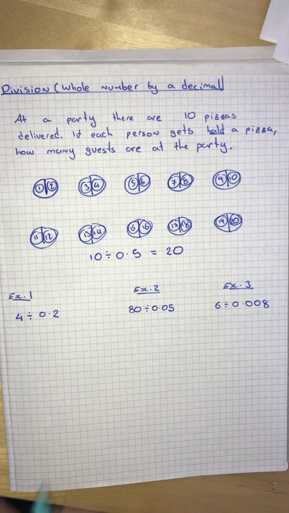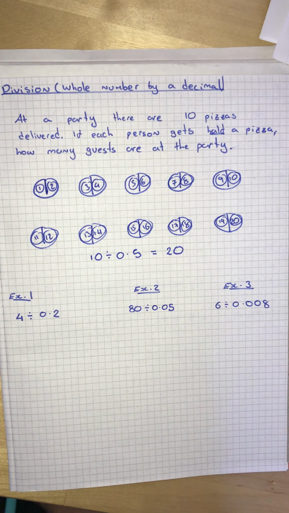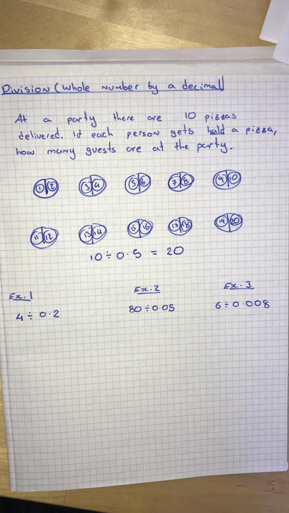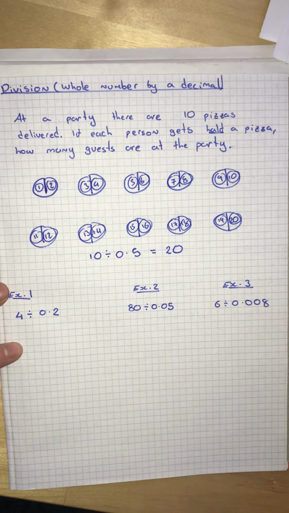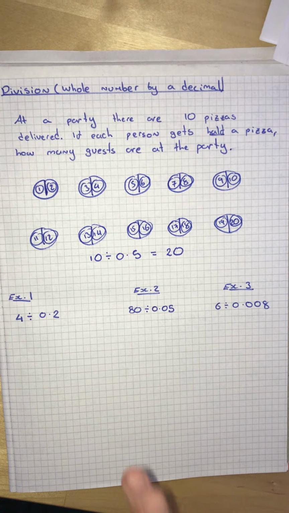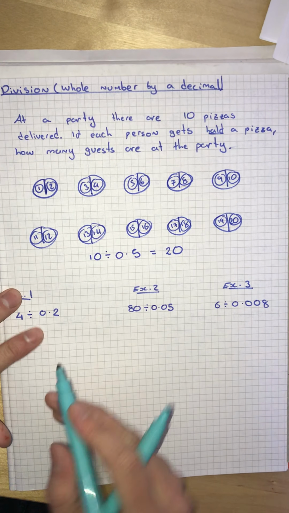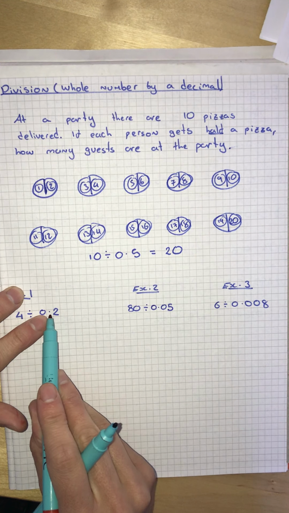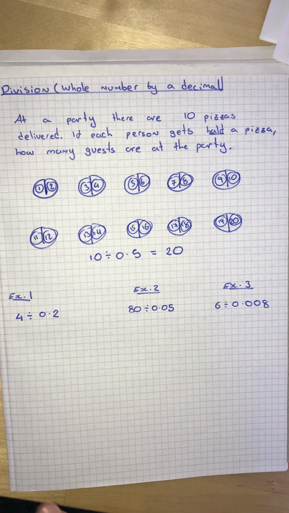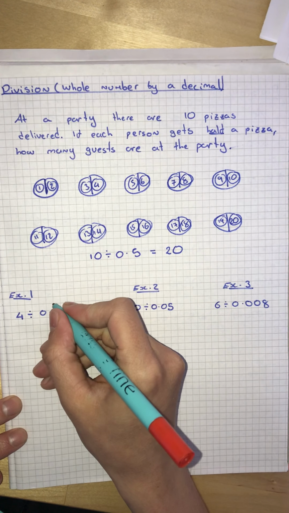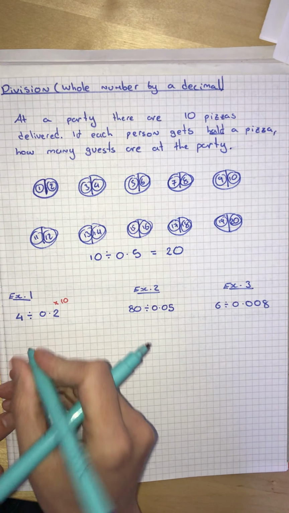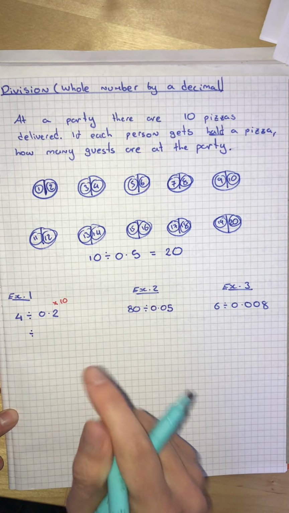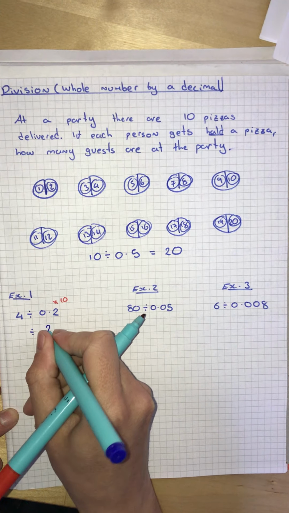And that is changing the question so there's no decimals. So look here, that is 0.2. I don't like having to divide by 0.2. How many decimal points do I need to move that so that it's a whole number? So can you see if I can multiply that by 10, 0.2 times by 10 is just 2.